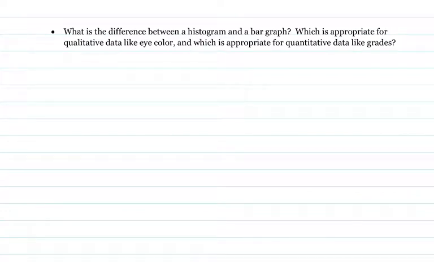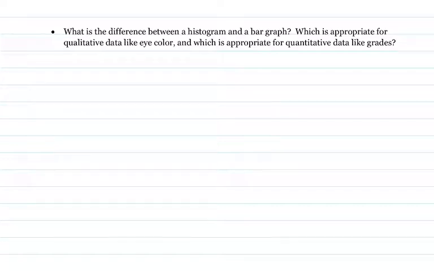So when we think about the differences between a bar graph and a histogram, we know that in a histogram the bars touch because we're dealing with continuous data, often and mostly numerical data, whereas in a bar graph the bars do not touch and we're dealing with discrete, separate things.